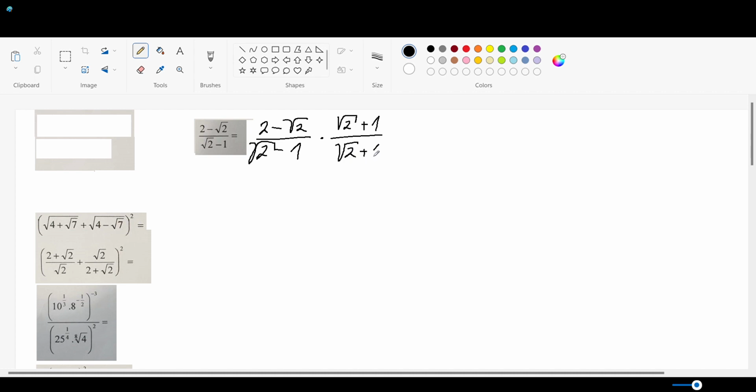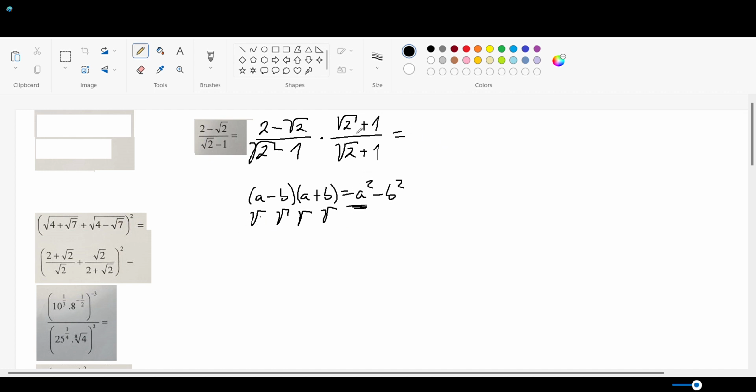The reason why we are doing it so is the formula we already know, that a minus b times a plus b is a squared minus b squared, which means if we have any square roots, and it doesn't matter, we can have square roots in a and b, if we do this operation with square roots of the same base, of course, we will get rid of the root or radical.